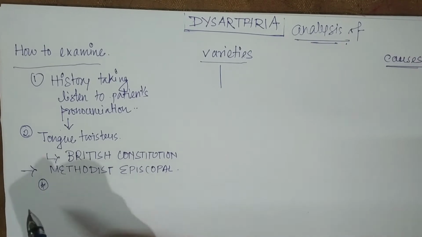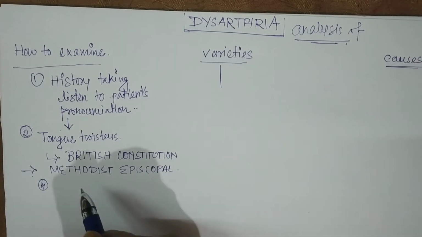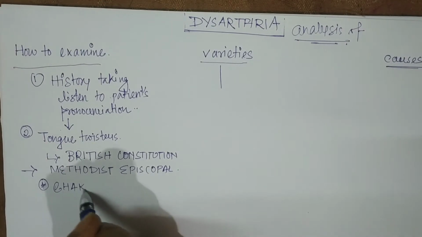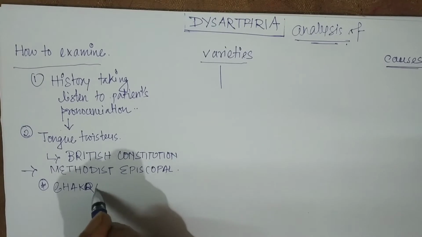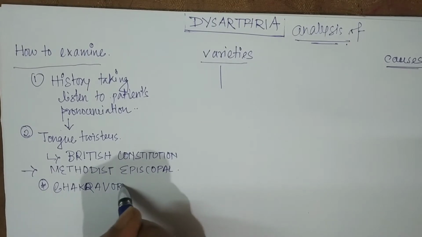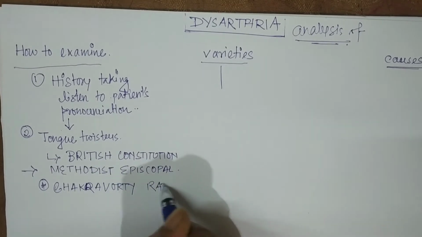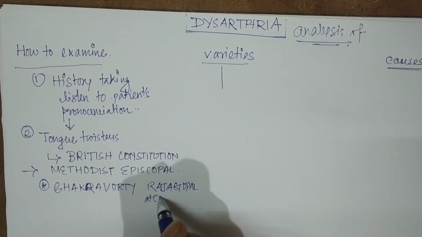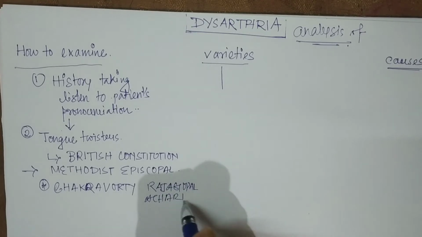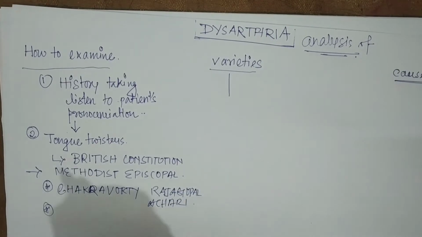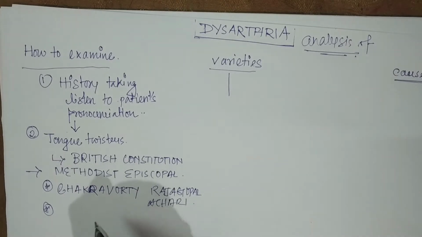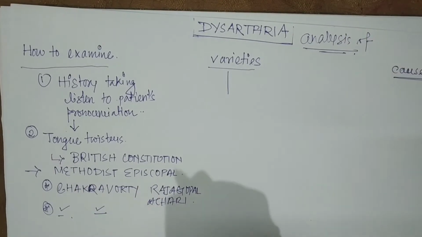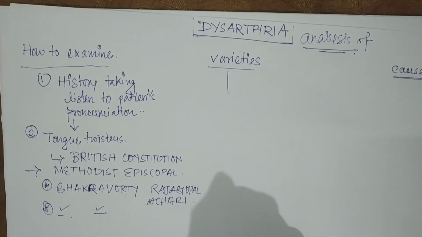And in case of Indian standards, we can ask the patients to pronounce Chakravarti Rajagopalachari. We can also tell them to pronounce Tiruvananthapuram, Muzaffarpur, all these. I hope you get the idea.